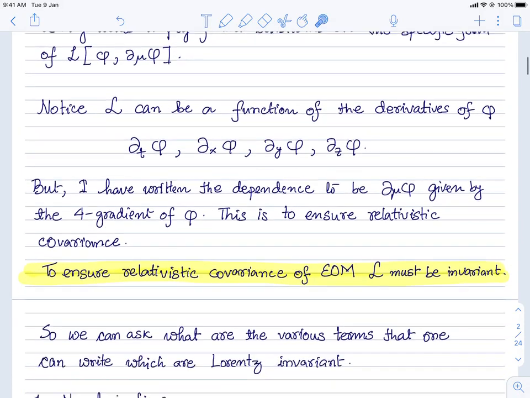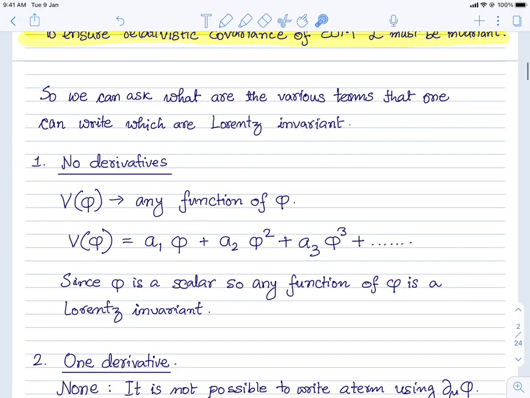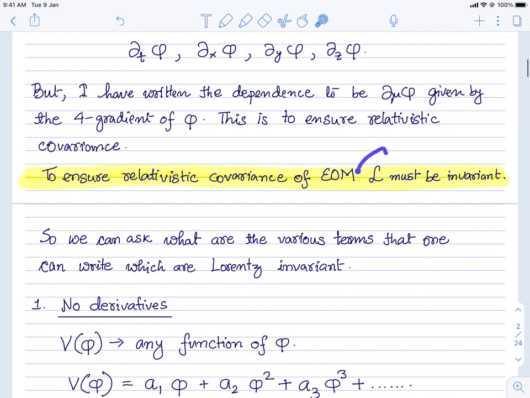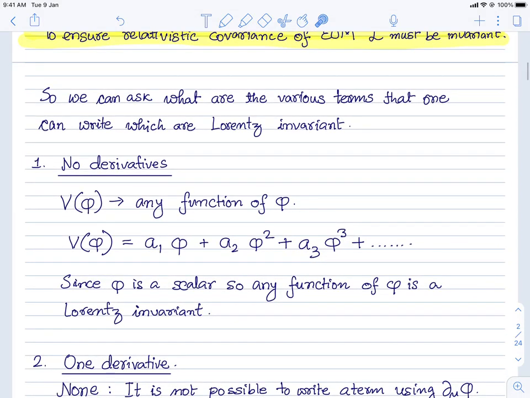Right. So now, coming back to this point about the classification of the terms that are possible to write down in this Lagrangian density for the scalar field. The first kind of term can be any function of the scalar field phi. You might try to write it as a series in various powers of phi.